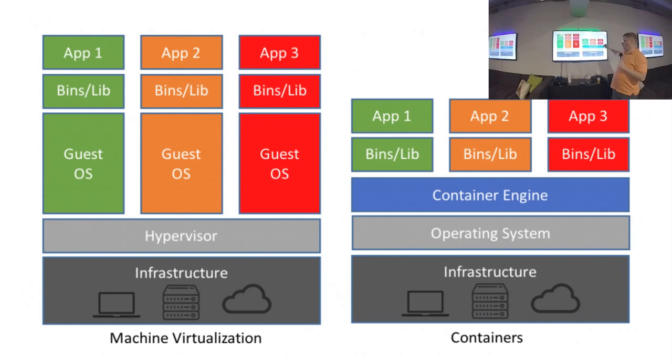Your containers and the engine are running right on top of the host operating system in a jailed environment. And all these containers share the same network stack and storage stack. Whereas with virtual machines, you have all these guest OSs running on top of a hypervisor or another operating system. And there's a debate about which one you should use.